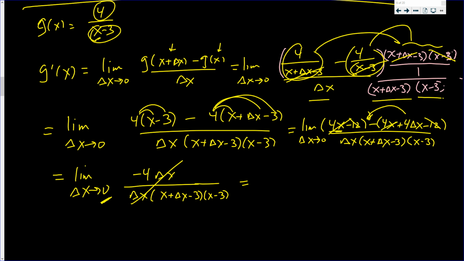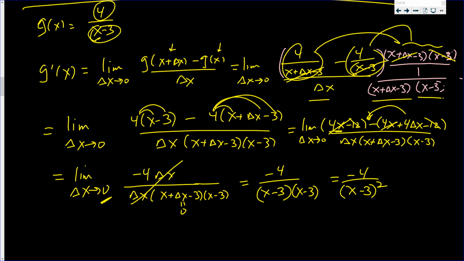So now I plug in 0 right there. So I get negative 4 over x plus 0, which is x minus 3, times another x minus 3. The derivative is negative 4 over x minus 3 squared.